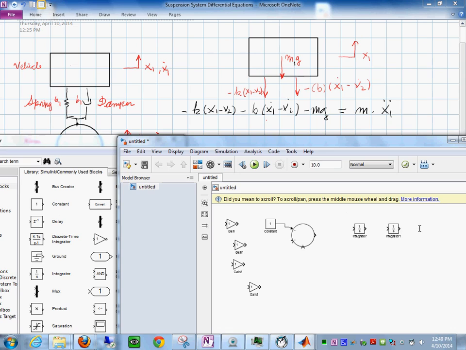Okay, so then we have the result in here, that is the m x1 double dot. If you divide it by m1, you get x1 double dot like this.